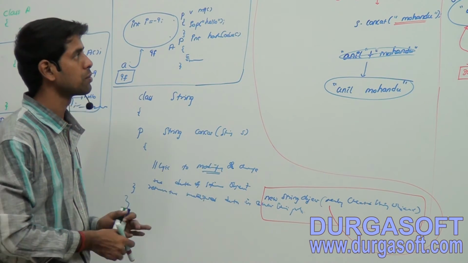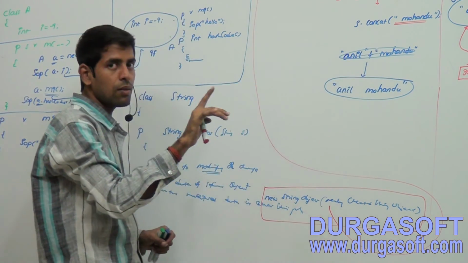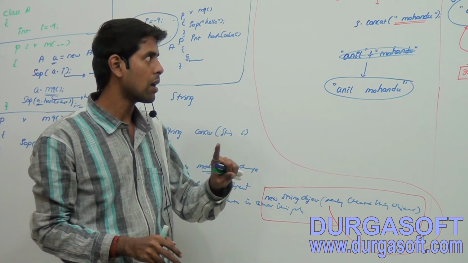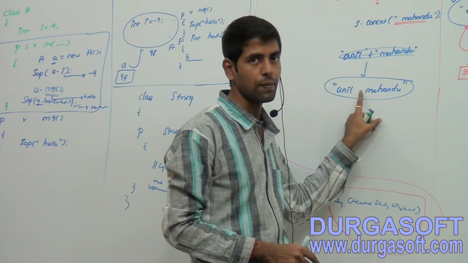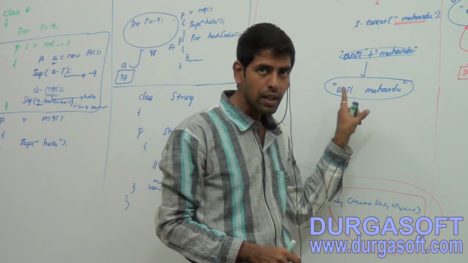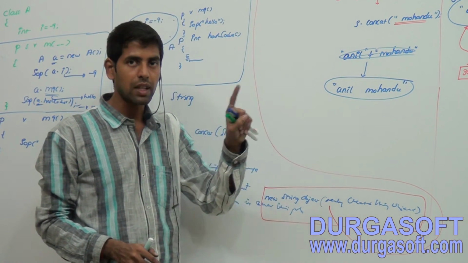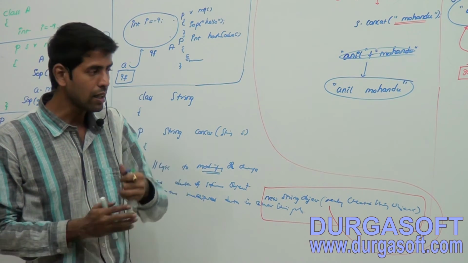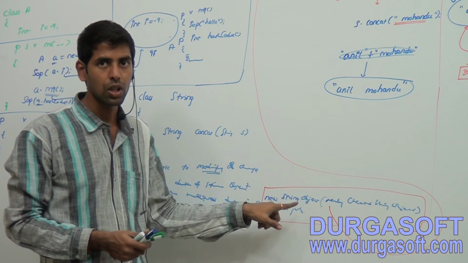Now observe. Because of a runtime method call, if object data is modified, then this modified data will be put into a new string object.